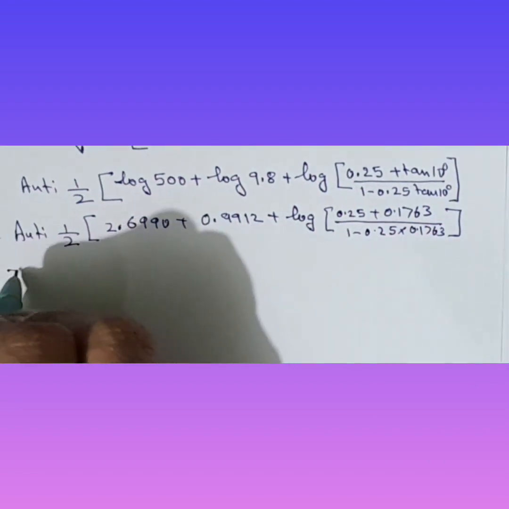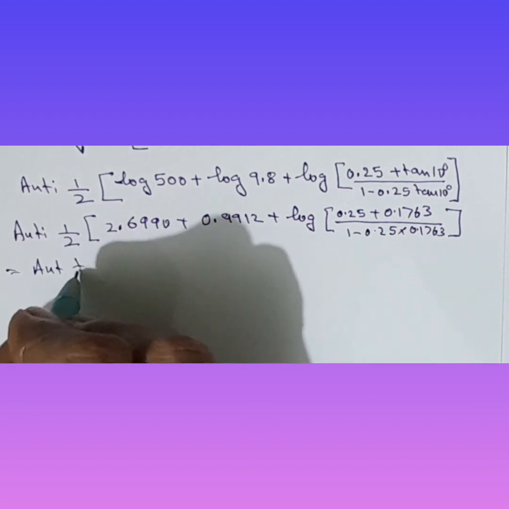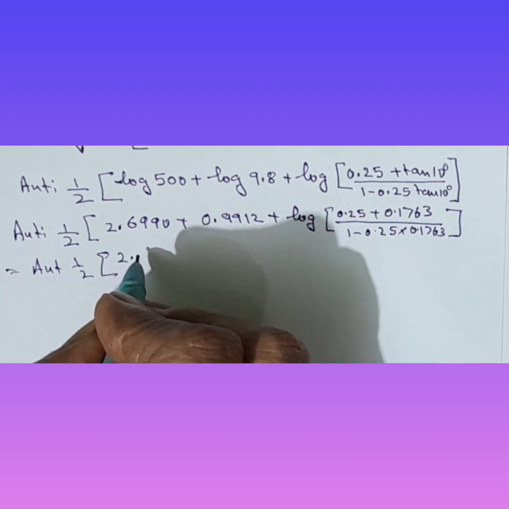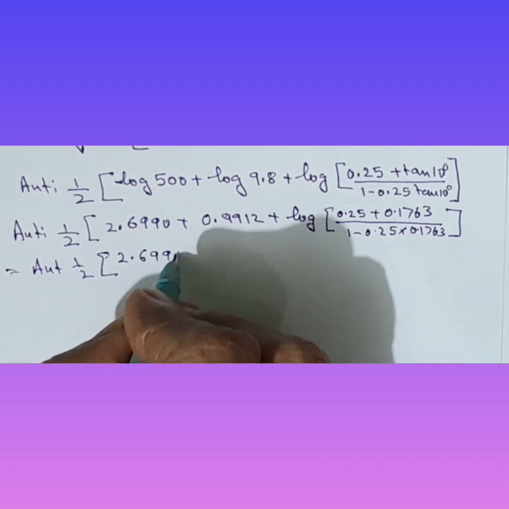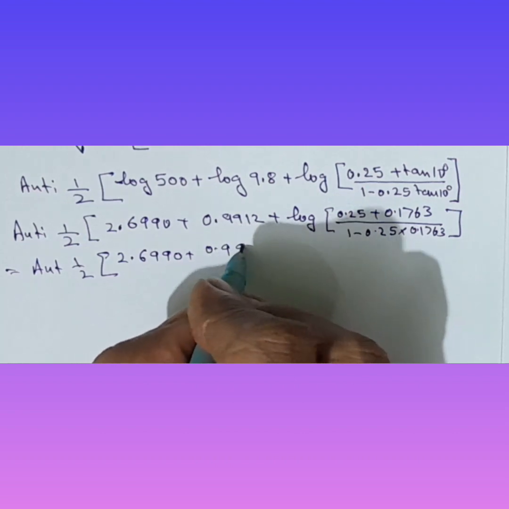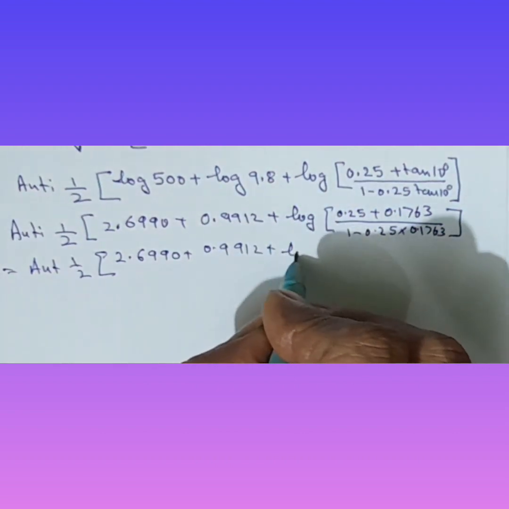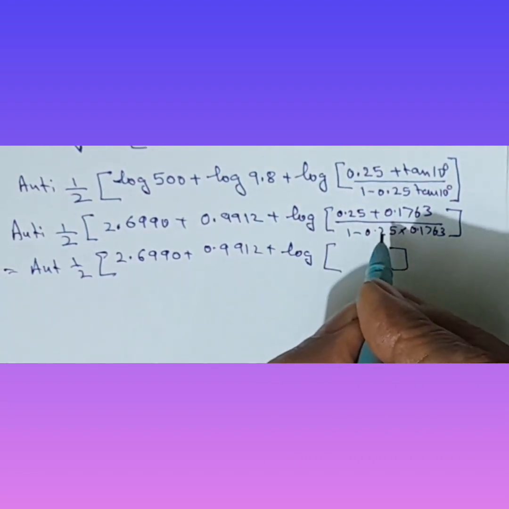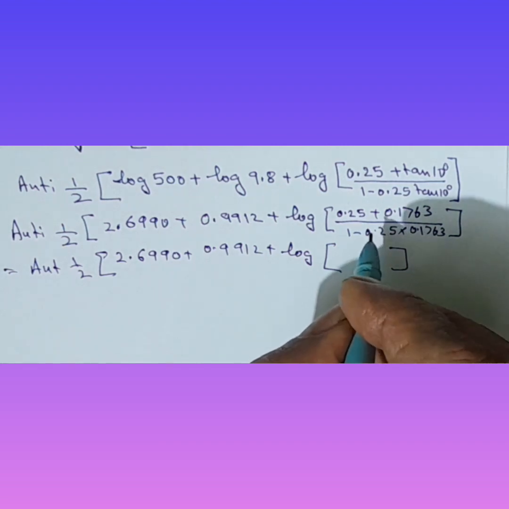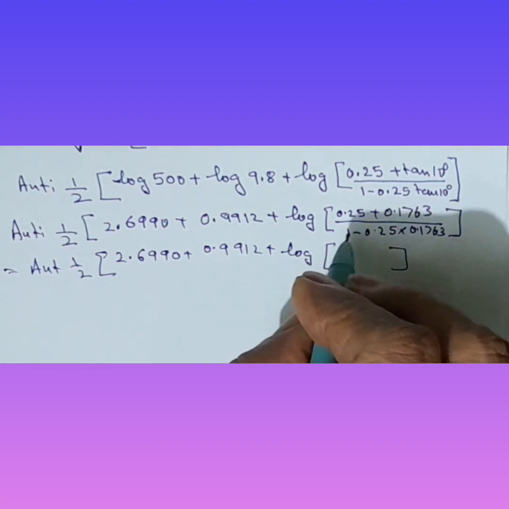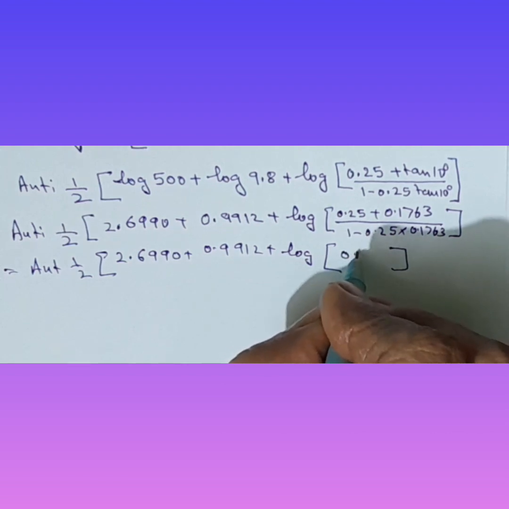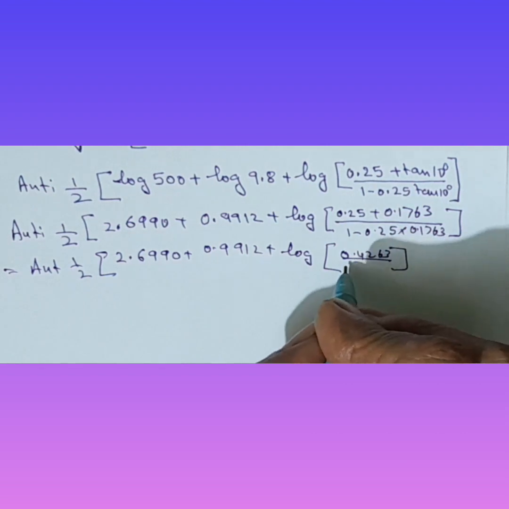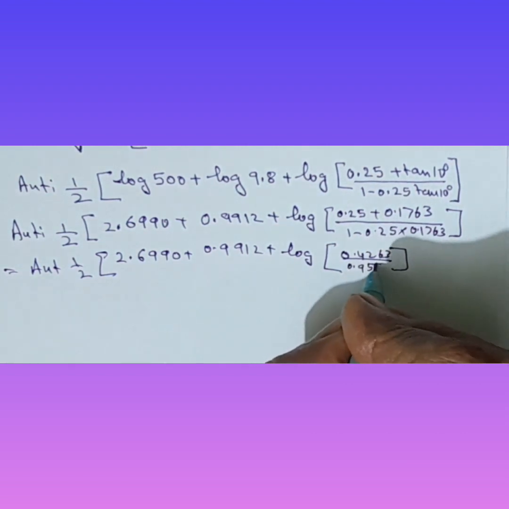Alright, done. So this would be anti-log, later on, half of 2.6990, we'll add it later, 69 we could have added it now, plus 0.9912 plus log of, now if we calculate this, what we end up with is 0.4263 in the numerator, and in the denominator it would be 0.9559.